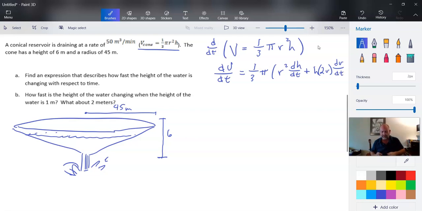We have a problem here. We're trying to relate dV/dt to dh/dt. I have a dr/dt hanging out in here, so that's a problem. So we have to handle this a little bit differently, because that dr/dt is not going to get us anywhere.